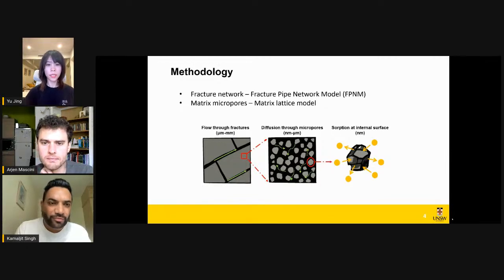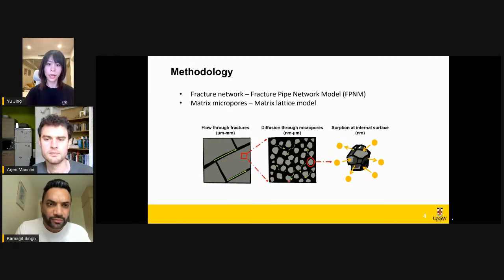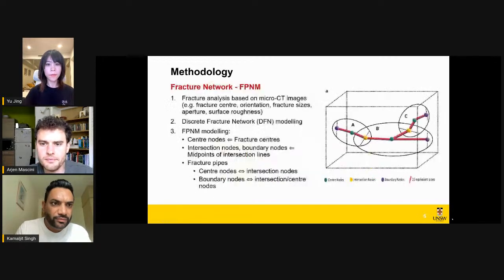Coal rocks consist of a fracture network and also macropores in the matrix. Gas flow within the fractures and within the macropores has different physical phenomena, so I will characterize the fracture network and the matrix macropores separately.